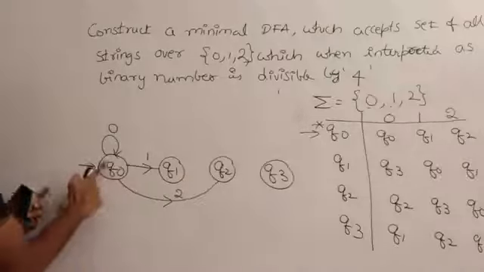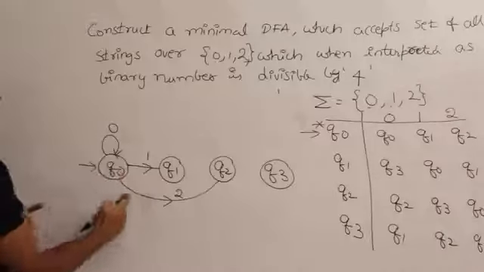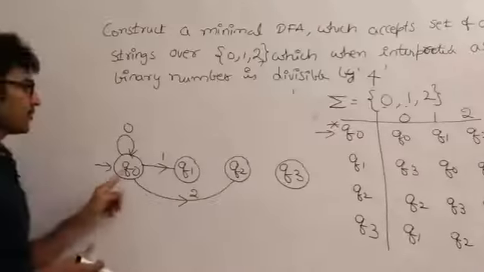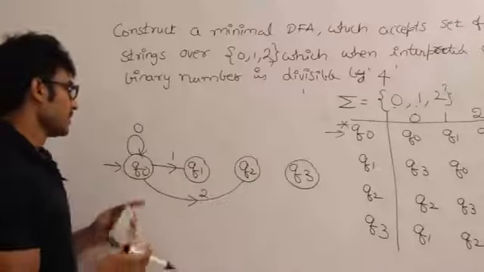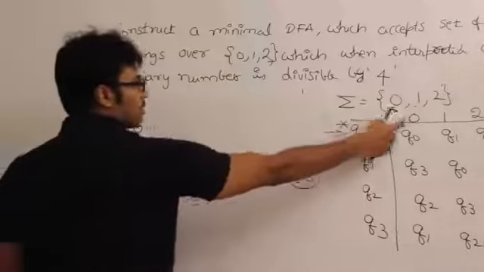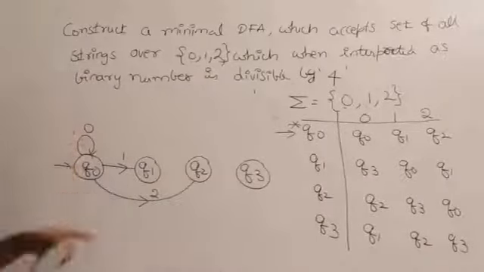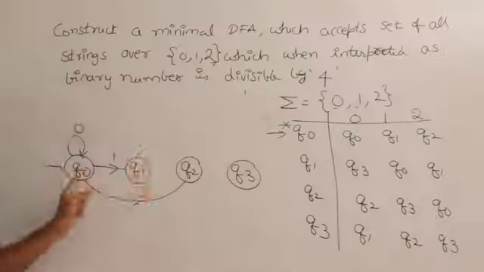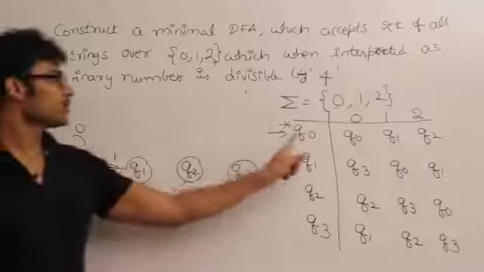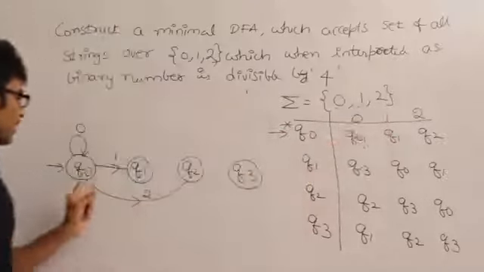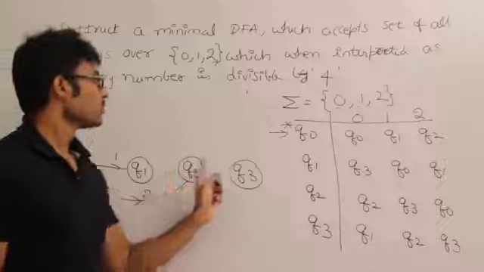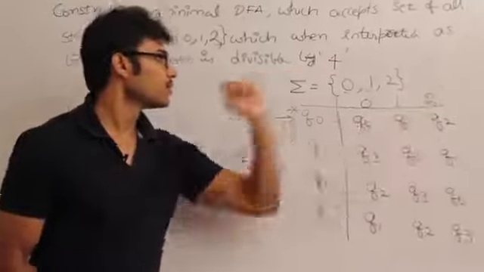Q0 is complete, because on 0, 1 and 2 we have given the transitions. Now you just cross verify: Q0 on 0 goes to Q0, Q0 on 1 goes to Q1, and Q0 on 2 goes to Q2.